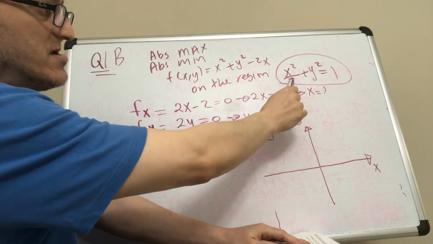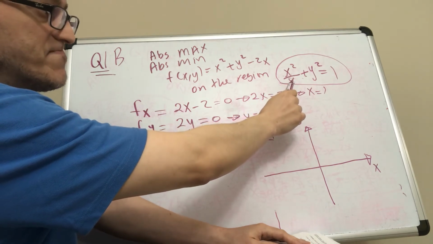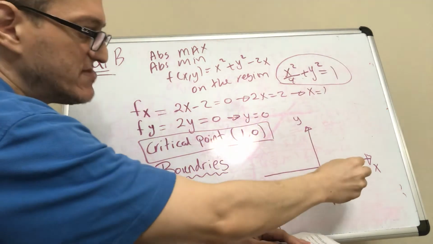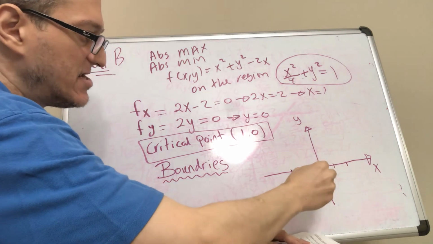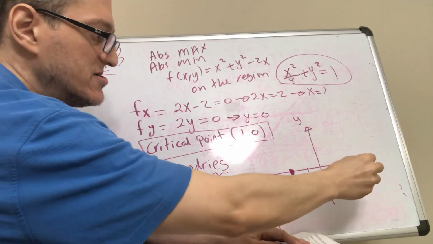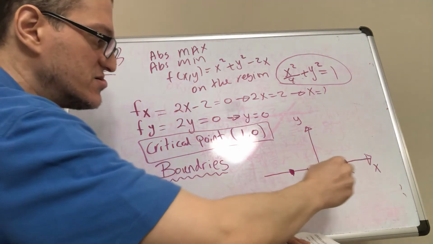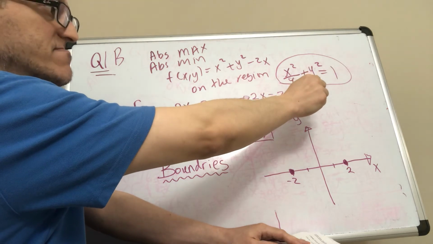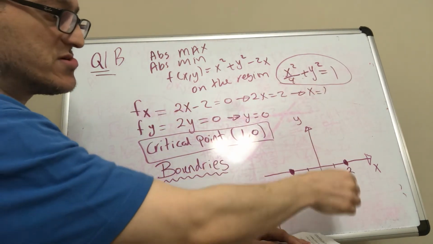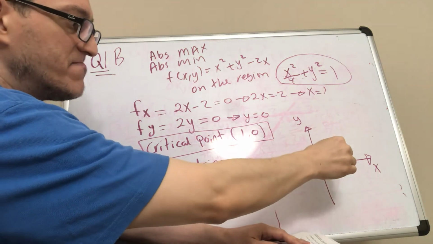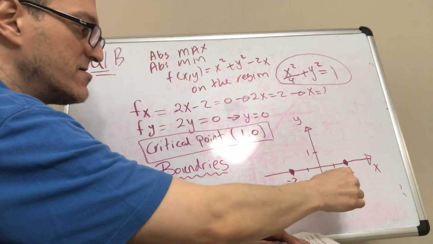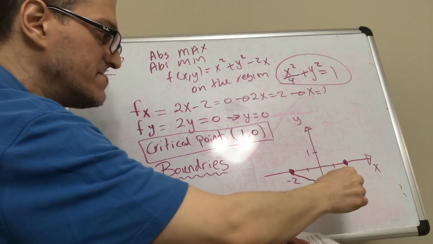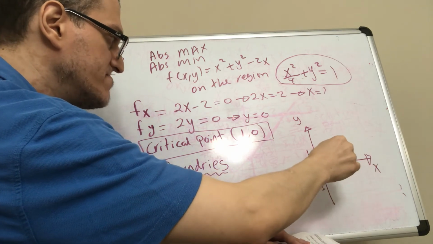The number underneath the x squared is 4, meaning you square root the 4, which is 2. So in the x, you're at 2 and minus 2. The number underneath the y is 1, and the square root of 1 is 1, so in the y, you're only 1. So in the x, you're 2, and the y is 1, so this here will be your ellipse.